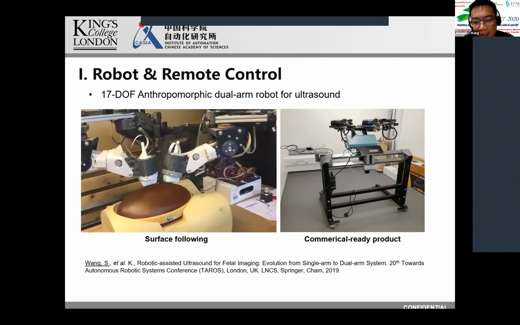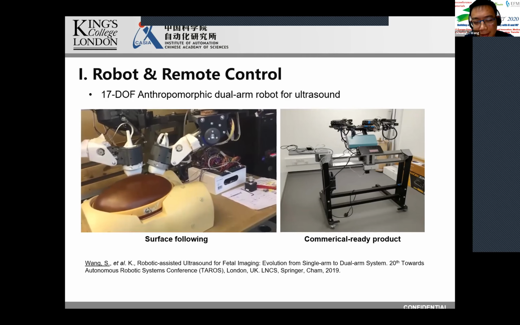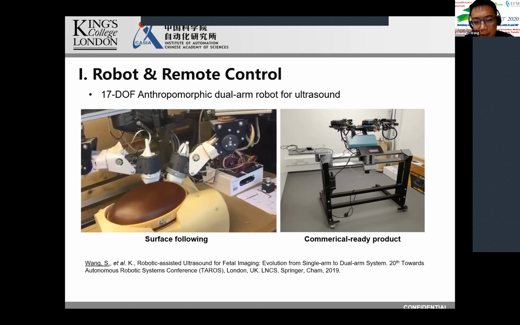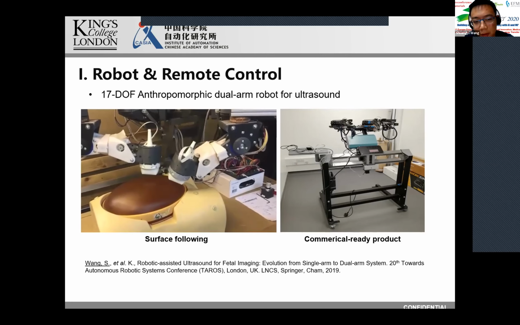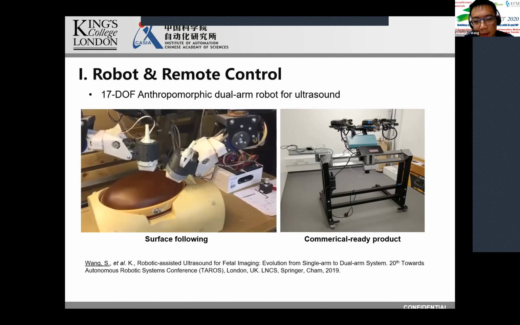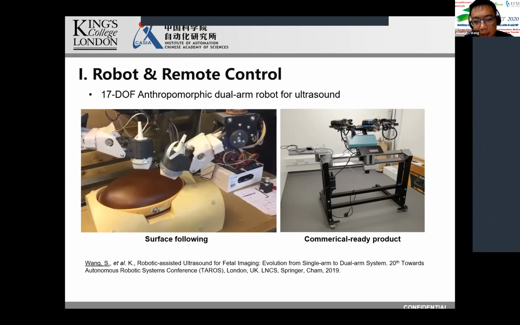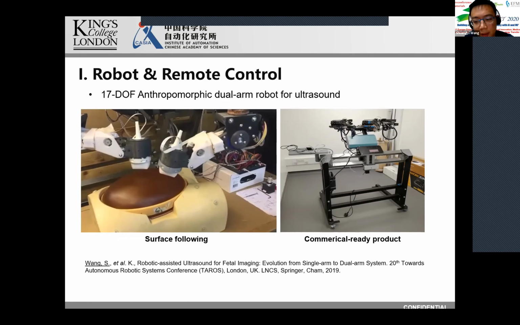So basically this is more like a project that predicts the future of how ultrasound will work, whether ultrasound will become something more like a CT or MR device, something more standardized. So we have already ended up with a more commercialization-ready product.